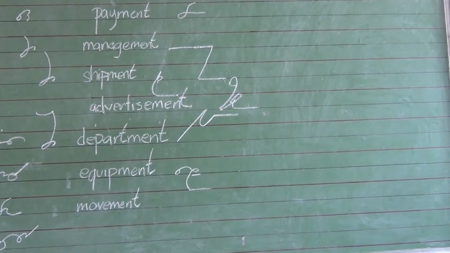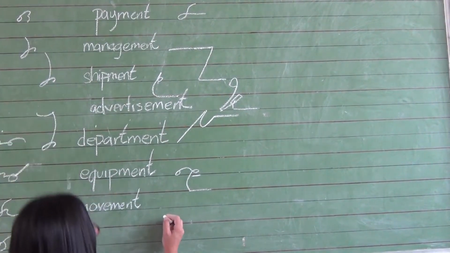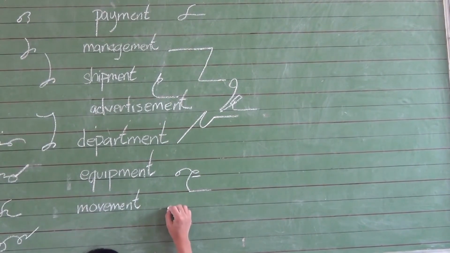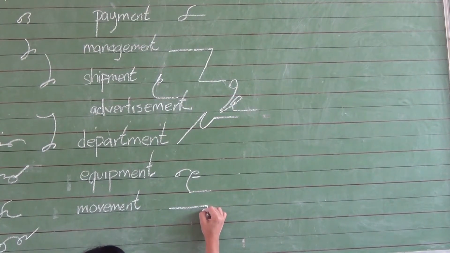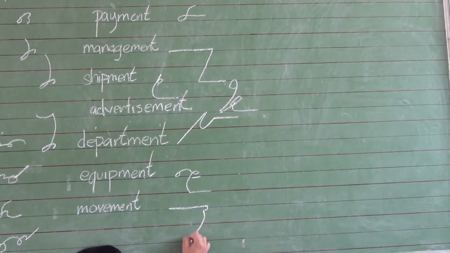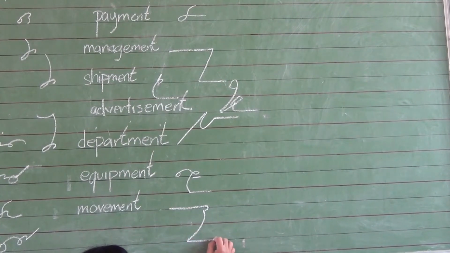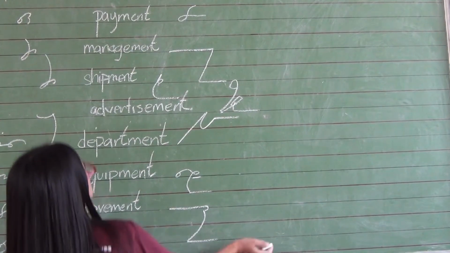Next is movement. It is represented by M, O hook, V, and M stroke. Next, replacement.